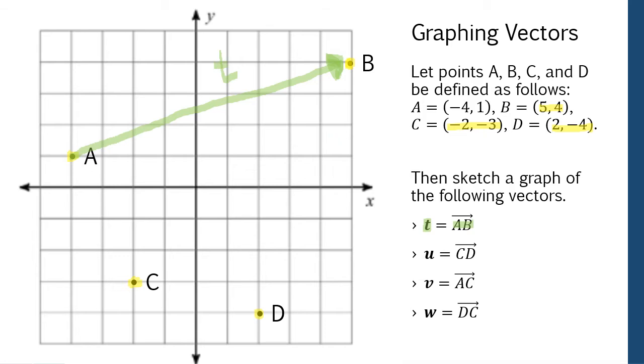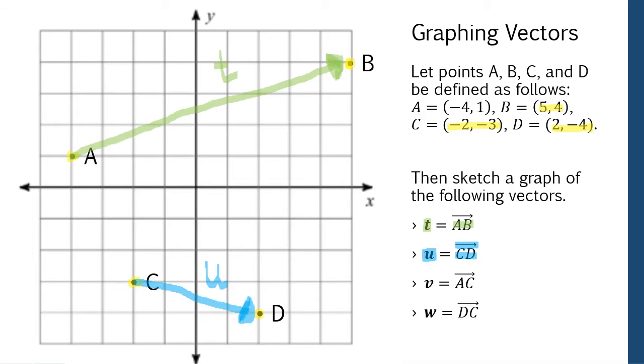The second one that we're asked to graph is vector u. Again, the boldfaced letter u tells me that it's a vector and not just a variable. And that is the vector that goes from initial point C to terminal point D. And again, I can tell that it goes from C to D instead of the other way around because of the arrow over top. So starting at point C, ending at point D, and drawing the arrow here, that would be the graph of vector u.